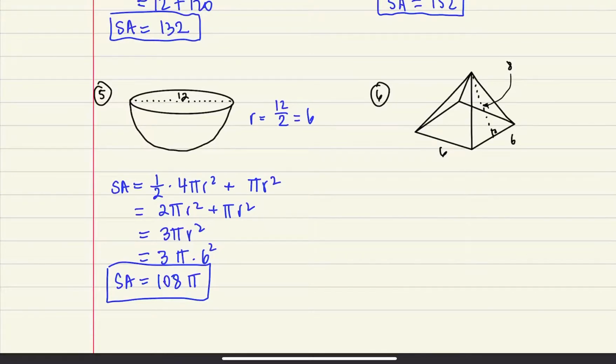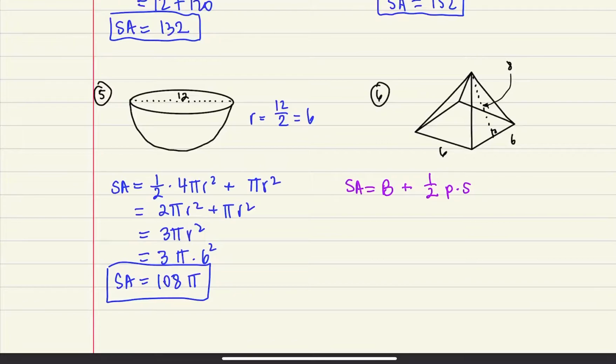Okay, next we have a pyramid. Okay, it looks like a square pyramid. So again, we are going to do the formula, which is surface area is going to be the area of the base plus, this is a pyramid, so 1/2 times the perimeter of the base times the slant height.